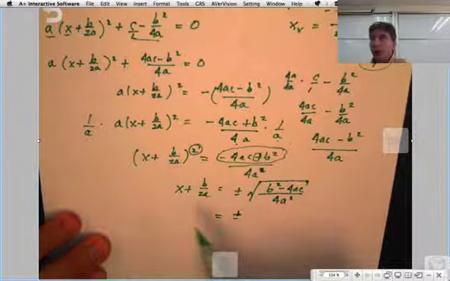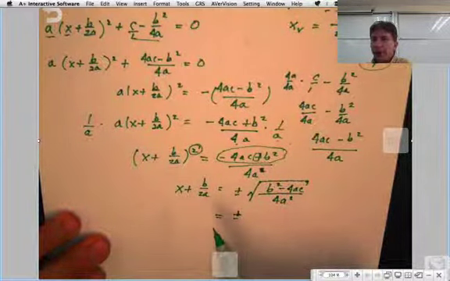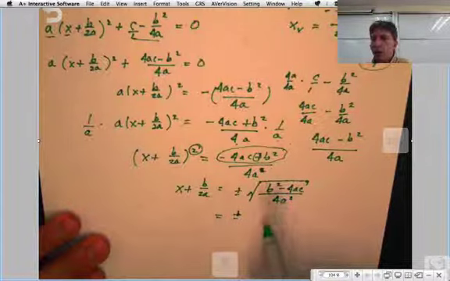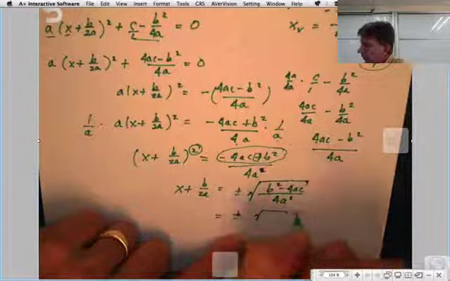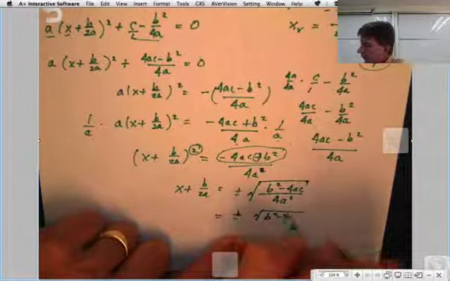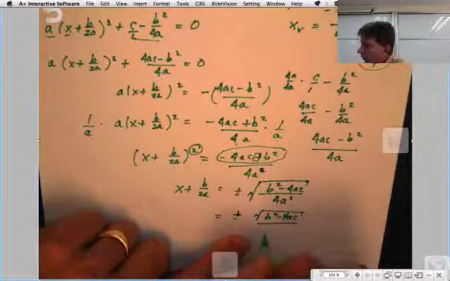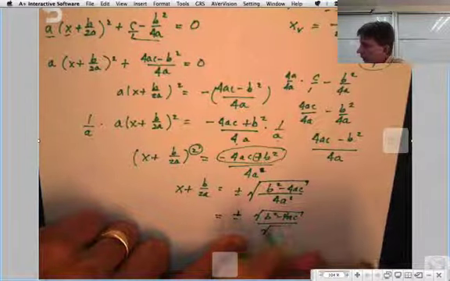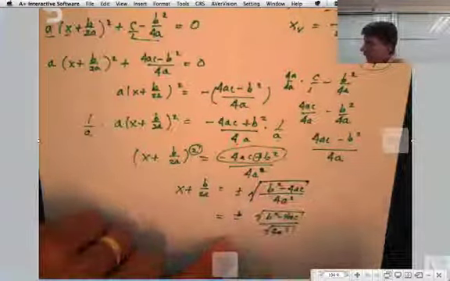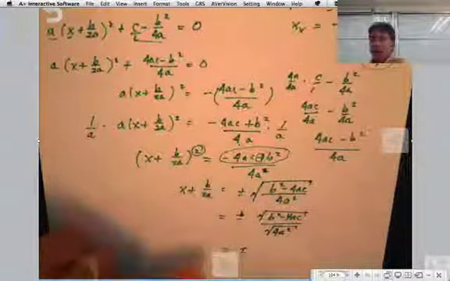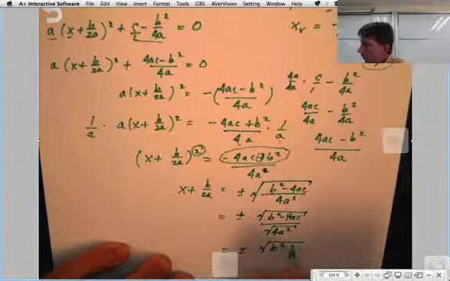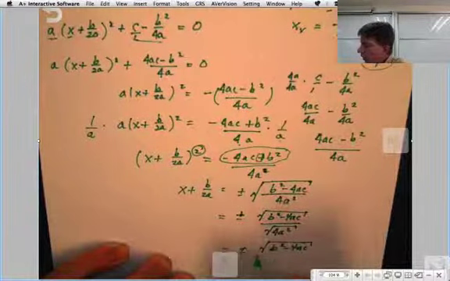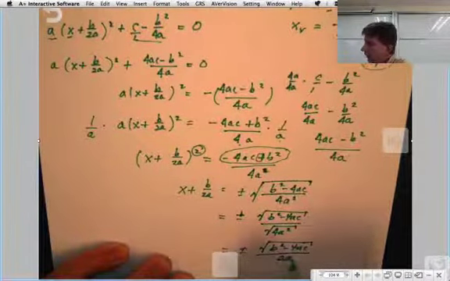You remember that the square root of a over b is equivalent to the square root of a over the square root of b. So using that property gives me the square root of b squared minus 4ac all over the square root of 4a squared. And the square root of 4a squared is, in fact, just 2a. So I get the square root of b squared minus 4ac all over 2a here.